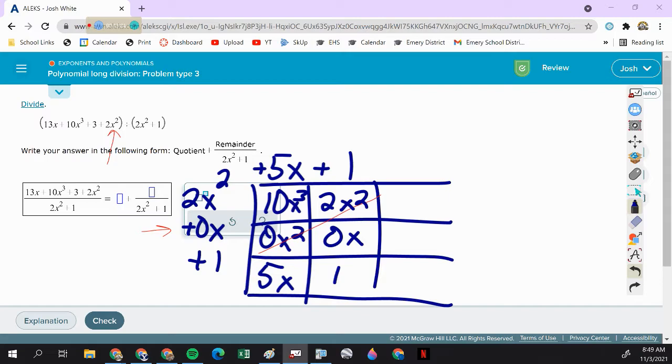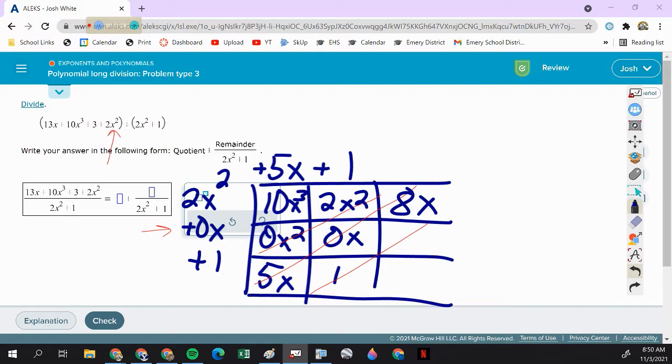Okay. Now, these three have to add up to be 13. So how do I go from 5 to 13? 8x. Okay? And then those two have to add up to be 3.